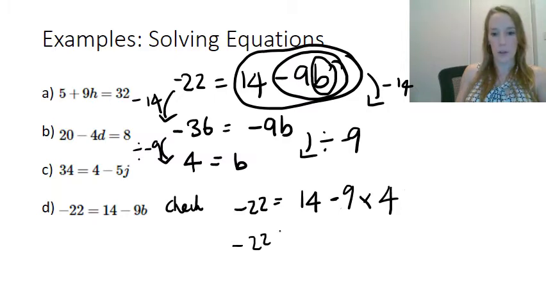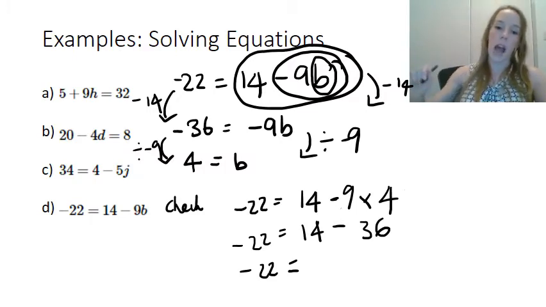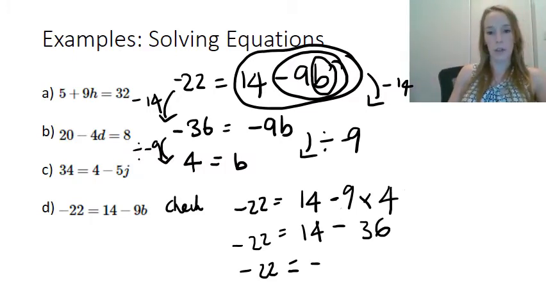So negative 22 equals 14 take 9 times 4, which is 36. Negative 22 equals 14 take 36, which is going to give us a negative number, and that will be negative 22. Yes, so we were correct.